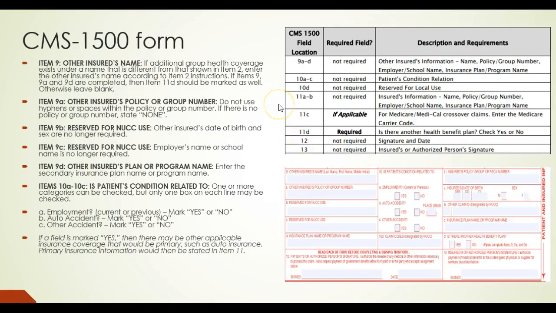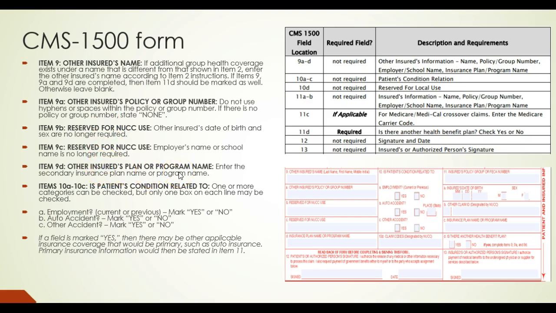Okay, now let's look at boxes 9 through 13. Okay, in boxes 9 through 13, you have 9A through D. And 9A is other insured's policy or group number, and 9B and C are reserved, and 9D is other insurance plan.